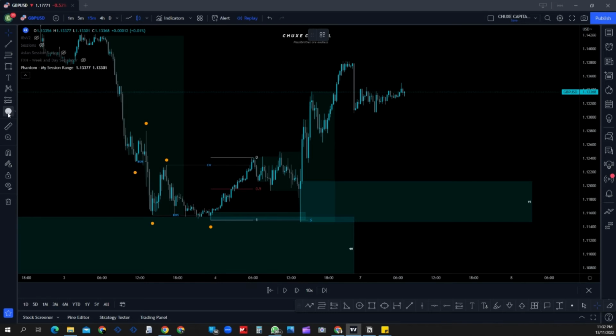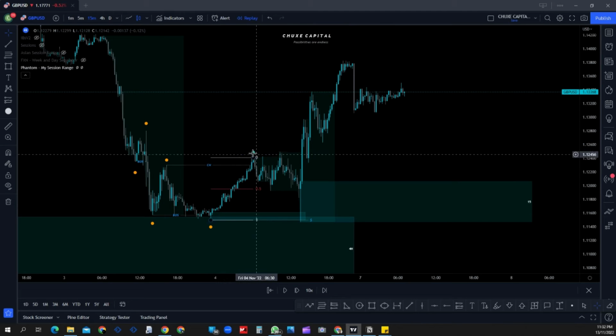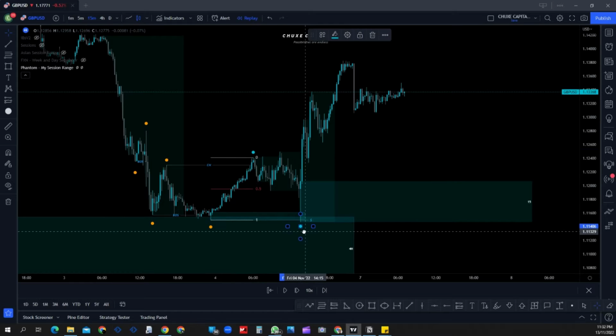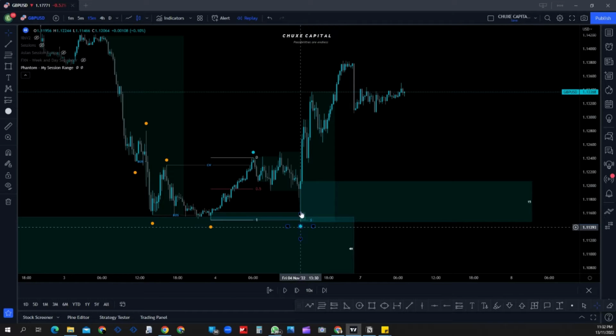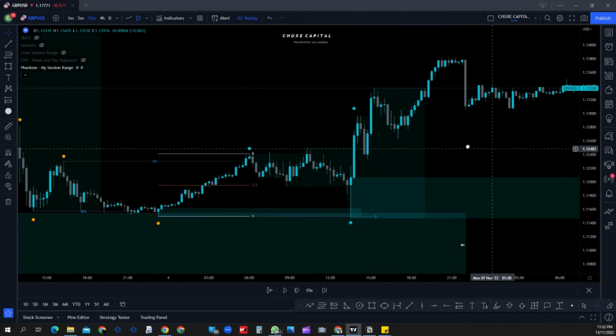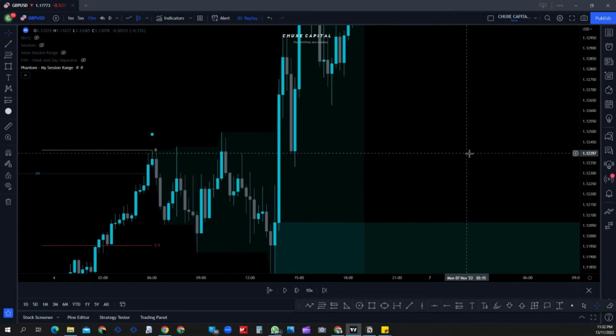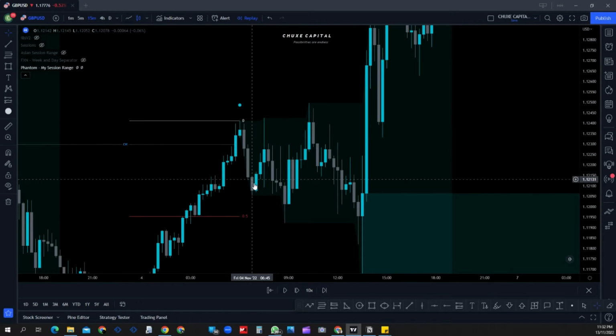Now we had a change in character here, give a different color, and then we have high, low, high. Right here, so we had this low.